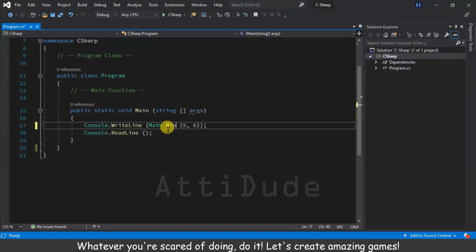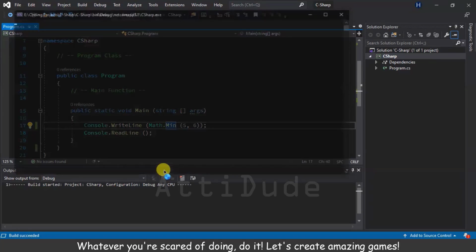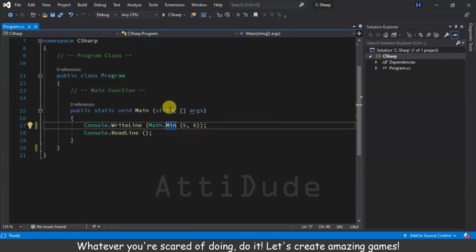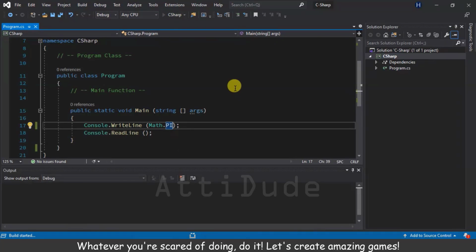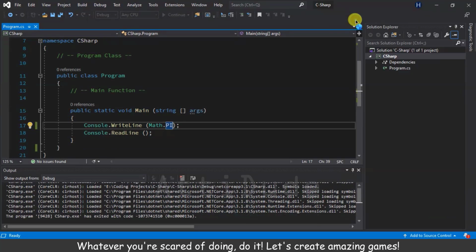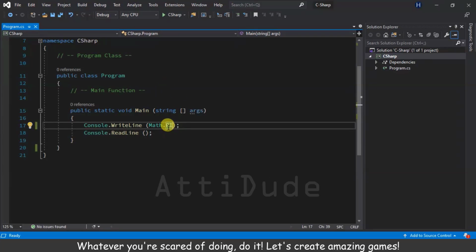And now we're gonna do Min. 5. Yes. And they're not just these. You can get many more like Pi, whose rounded value we know is 3.14. Okay, we have Pi.